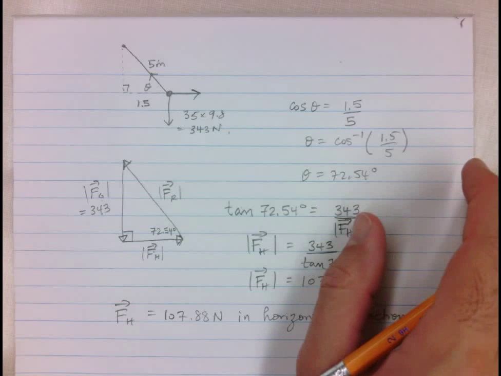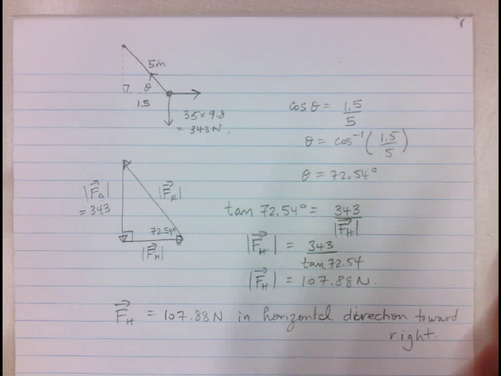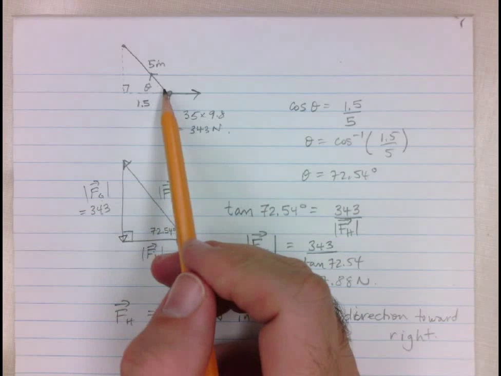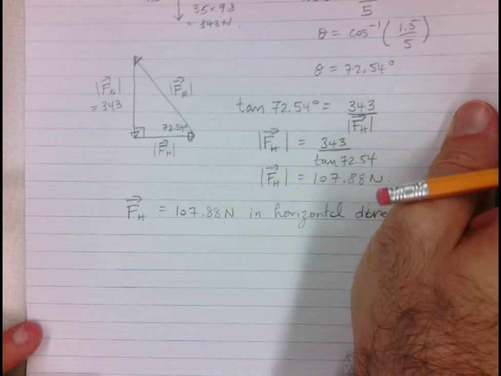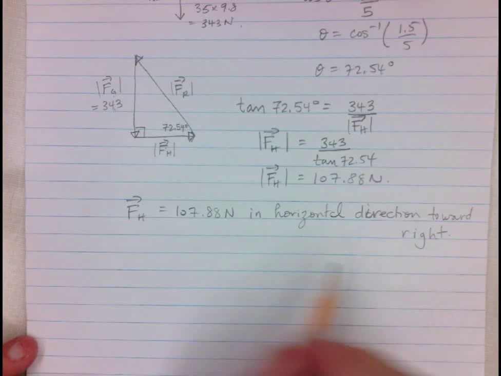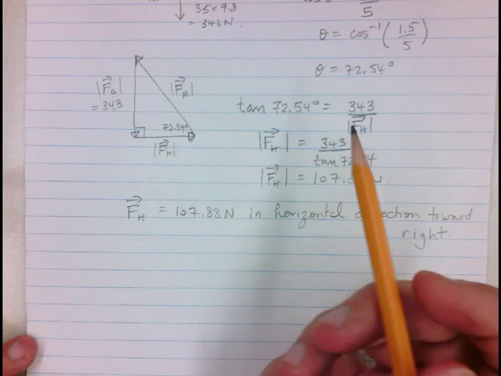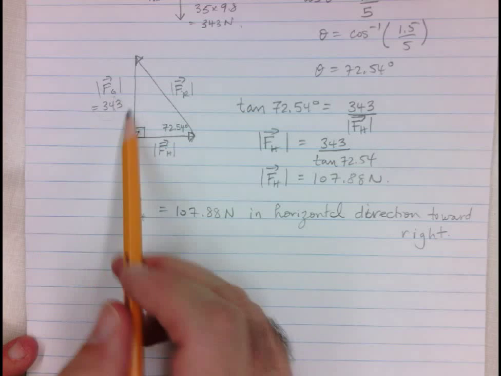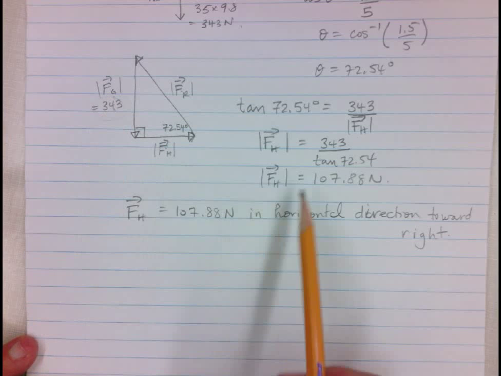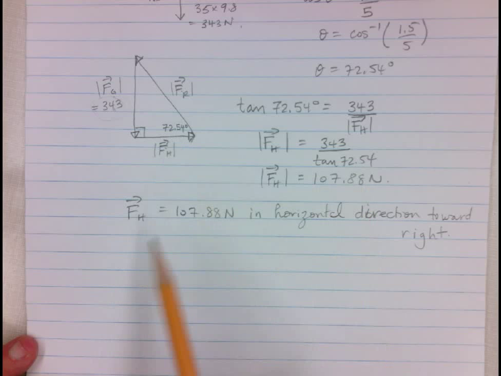The next thing I want to determine is the tension in the rope, and that would be this force here, in other words, this force in my vector diagram. So now let's use opposite and hypotenuse. It's better to use the exact number as opposed to the approximate number that we determined for FH.